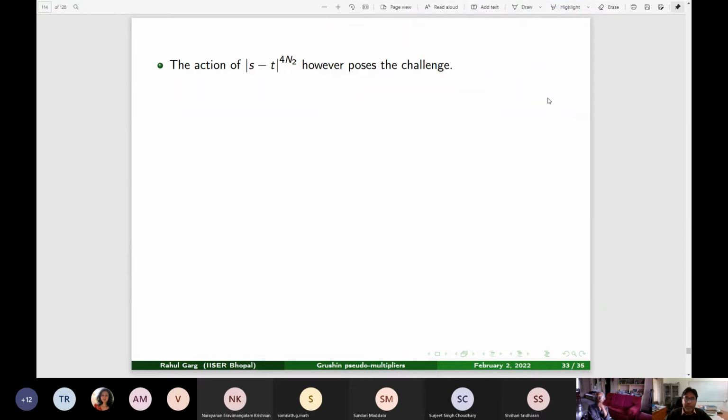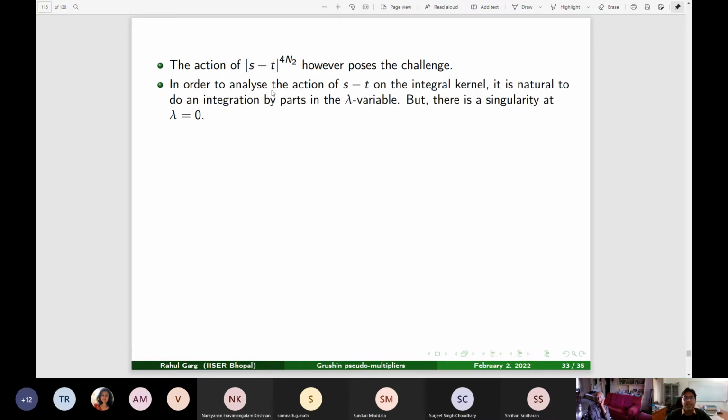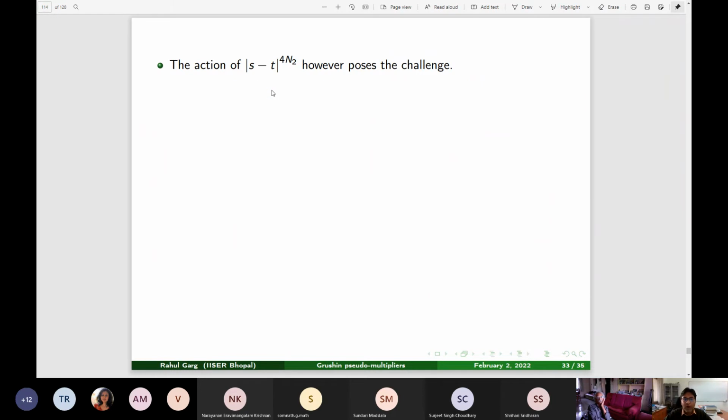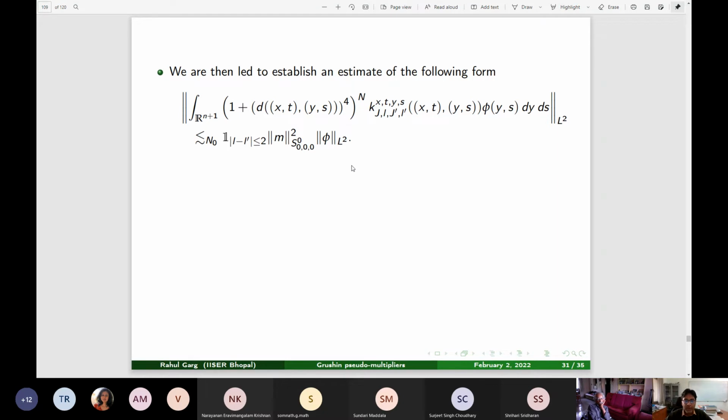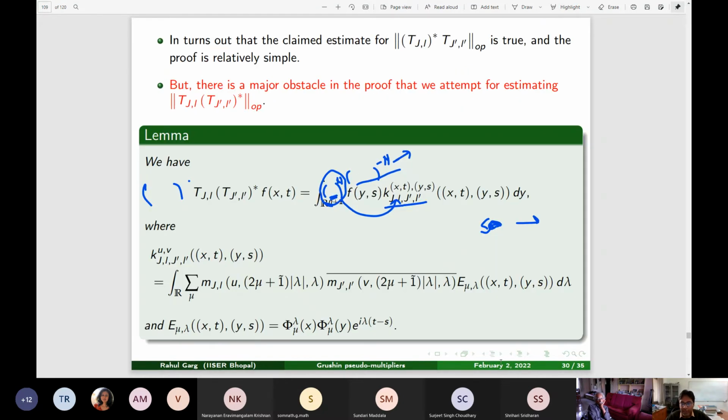Now, s minus t poses the challenges. So s minus t has a problem. How you do it is, if we go back to this kind of situation, we will want to throw this or this in the kernel, right? And you see what the kernel expression was? Kernel expression was of this type.